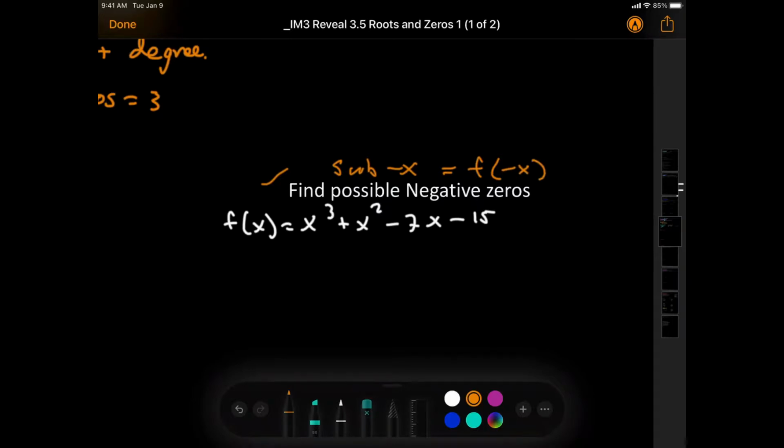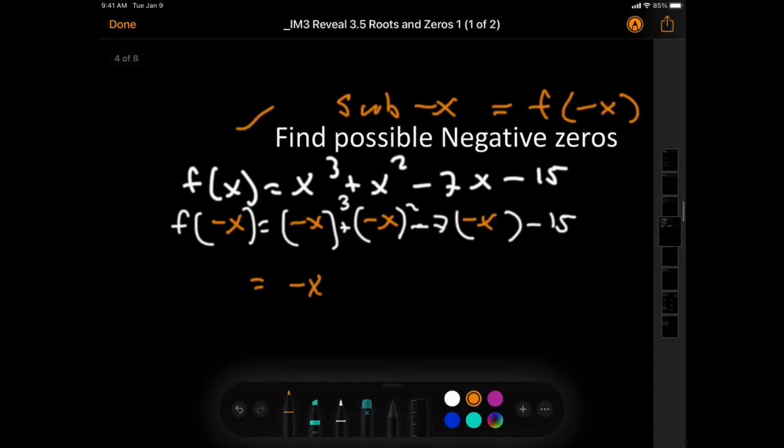Every x value we're going to put in negative x. And then all we do from here is go ahead and simplify it. So we get negative x cubed plus x squared plus 7x minus 15. And then we're just going to look at the changes.